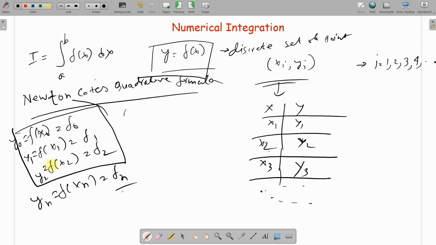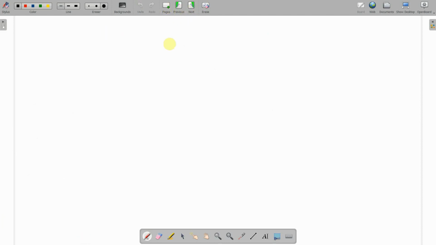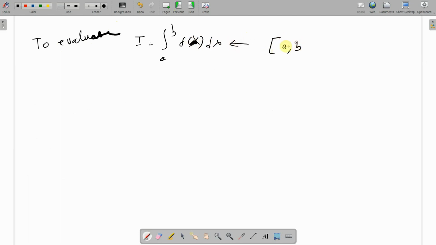Okay. Now, to evaluate I equals integral from a to b of f(x) dx in the interval a to b, you have to evaluate this definite integral.